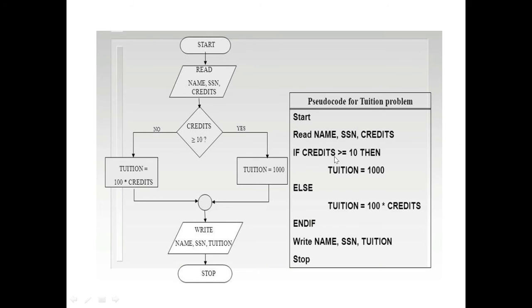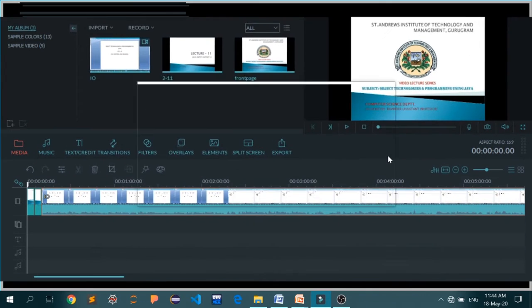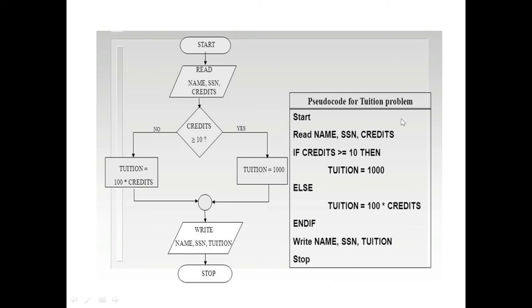The condition is if credit is greater than or equal to 10, and you write the keyword then, which will signify the next course of action. So then your tuition fees will be 1000. If your credits are more than or equal to 10, then your tuition fees is fixed at 1000.